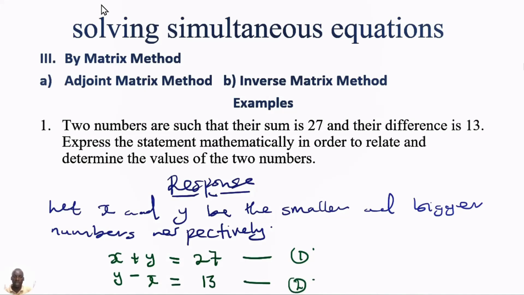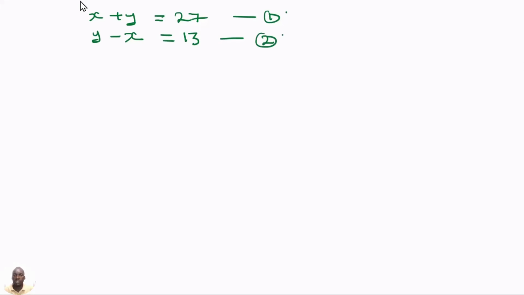From there, we have to go ahead and solve those two equations formed. Remember, we have the two equations: x plus y equals 27 as our equation 1, then y minus x equals 13, which we have named equation 2. So in here, we already have the formed simultaneous equations. And remember, we are solving them using the matrix method, not any other method.